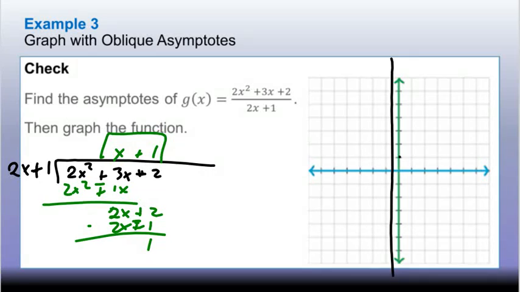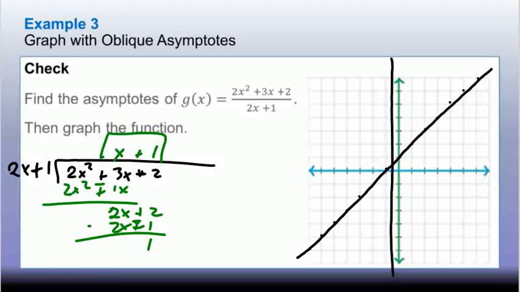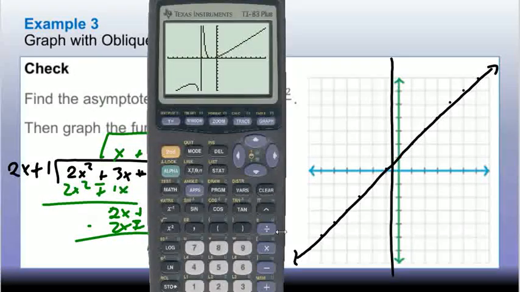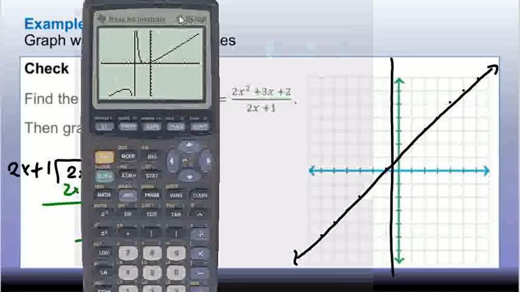Right here, up 1 over 1. Draw that line through here. Those are our asymptotes. Now if I take my calculator and let's graph that one.